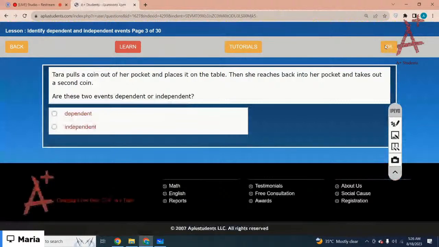Tara pulls a coin out of her pocket and places it on the table. Then she reaches back into her pocket and takes out a second coin. Are these two events independent or dependent? So which is the correct option?